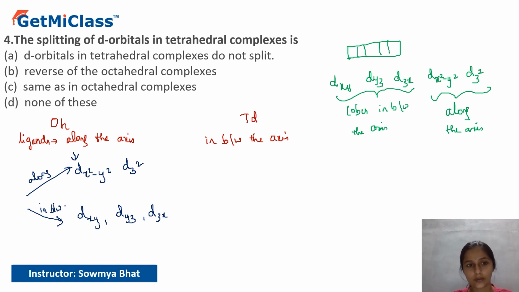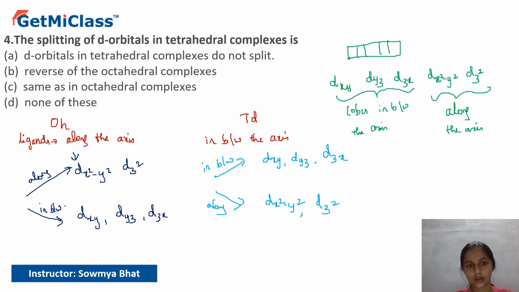And in case of tetrahedral complexes, for the orbitals which have their lobes in between the axis, since the ligands are coming in between the axis, their energy increases, and the orbitals having their lobes along the axis, their energy decreases. So this is the type of splitting.